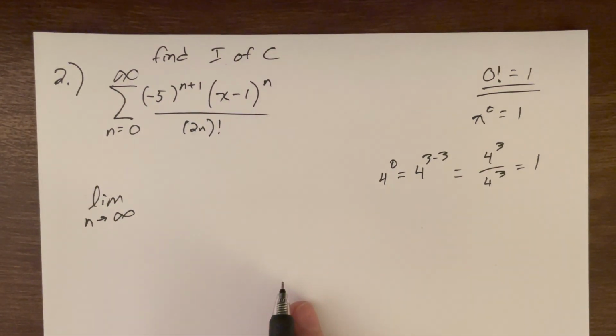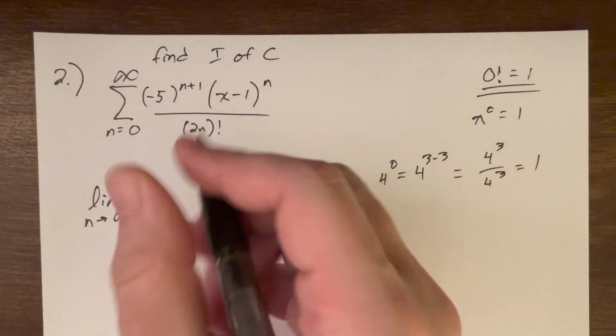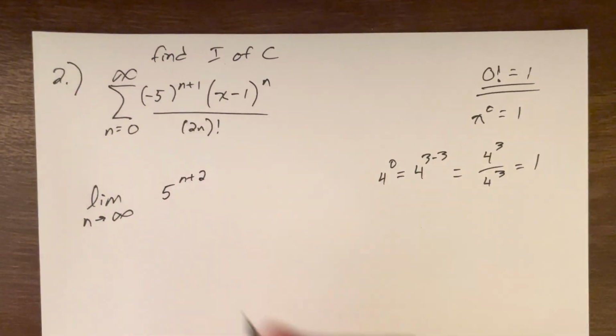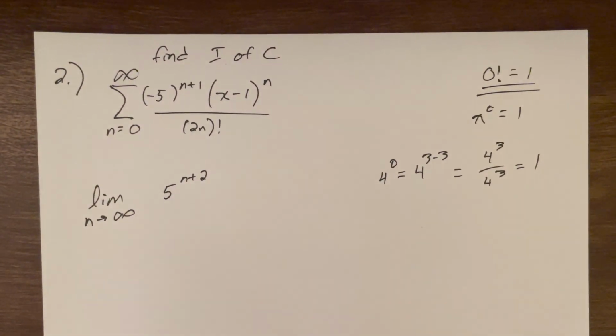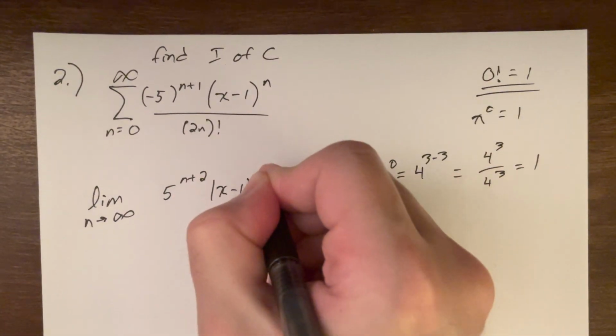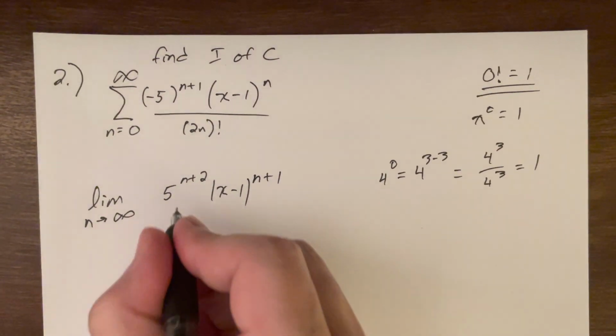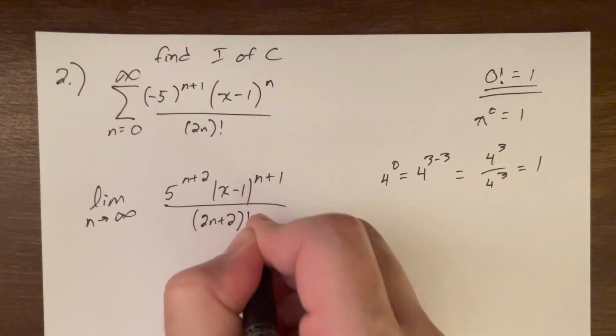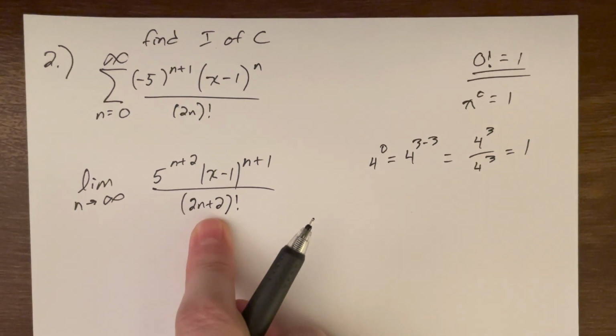But just like we did with regular ratio test, let's just try and go a little faster. This becomes the n plus 2 power, and absolute value would make that minus 5 a positive 5. Here, the absolute value has to stay, but that would just become the n plus 1 power. Here, that becomes quantity 2n plus 2 factorial, but the absolute value is unnecessary.